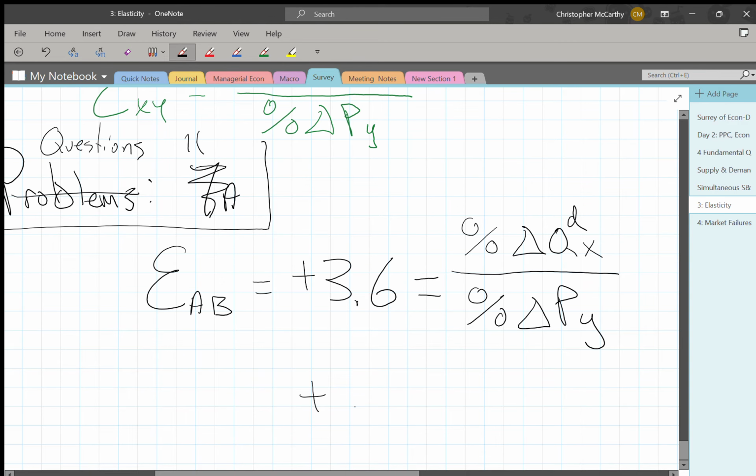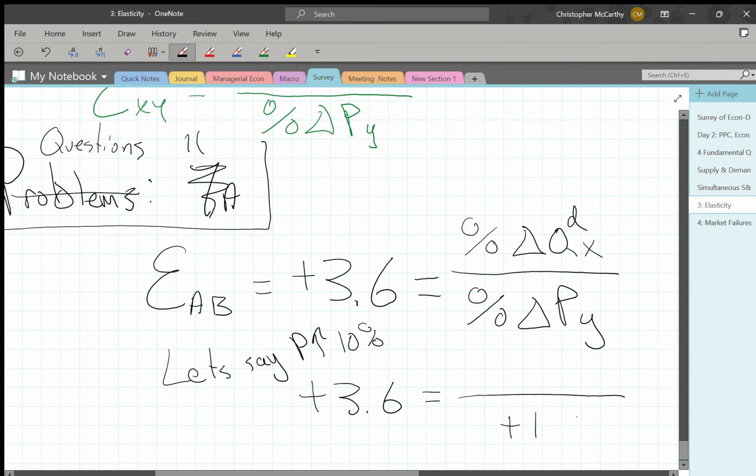So let's say price increased by 10%. So this would be positive 10% on the bottom, and this is the thing that we're solving for on the top, essentially, right?